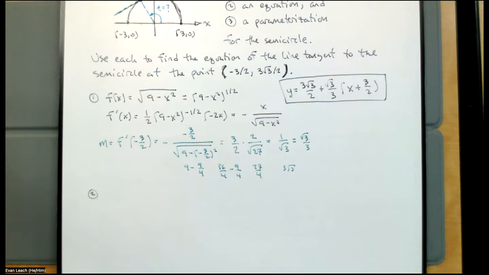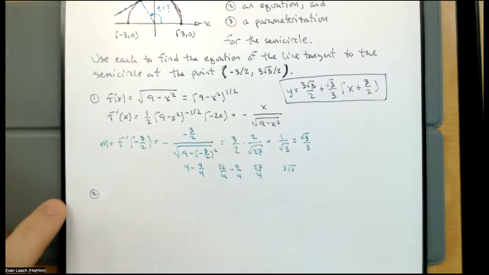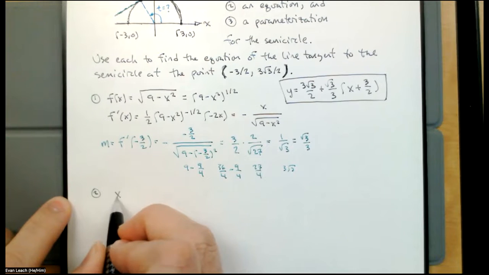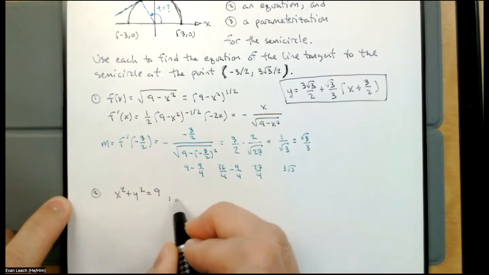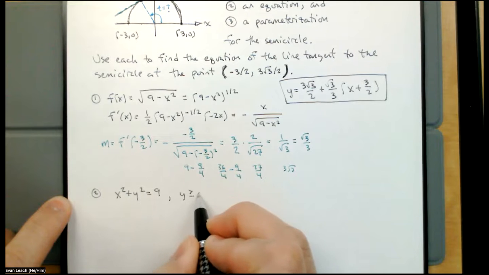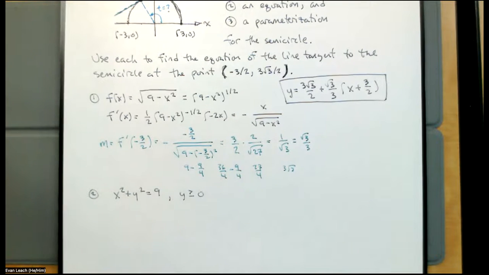So if we have the equation x squared plus y squared equals 9, and this is only for y greater than or equal to 0, for the non-negative values of y. We want to find the equation of a line tangent to this curve at a given point.